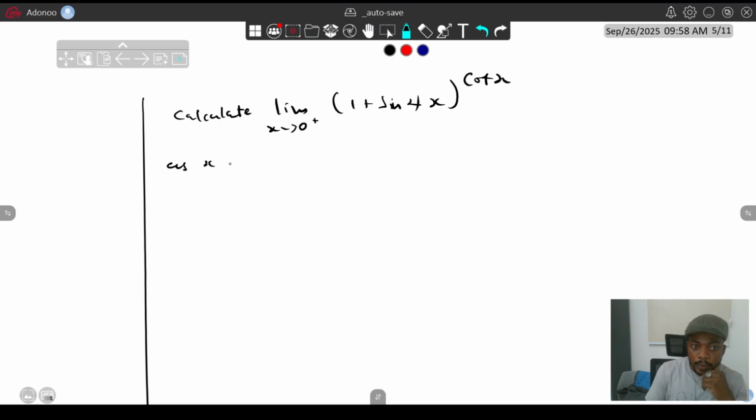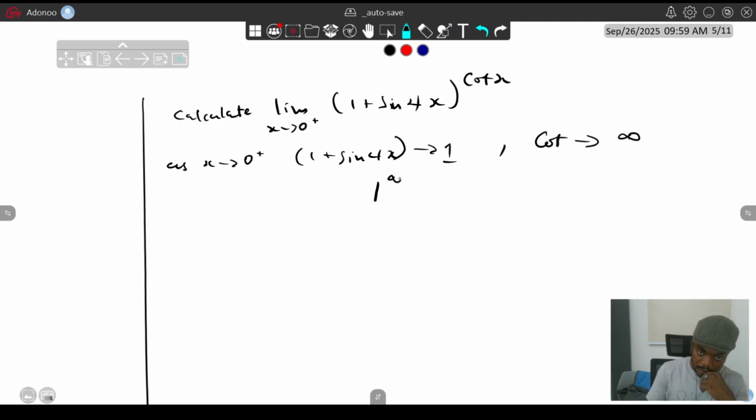As x approaches 0 from the right, we have 1 plus sine 4x approaching 1, because we have sine 0 here, which is 0, so we are left with 1, right? What about cot x? Cot x will approach infinity. Therefore, we have the indeterminate form 1 raised to the power infinity, right?